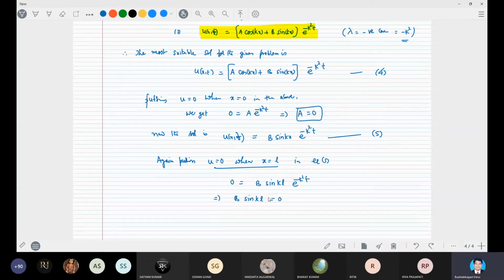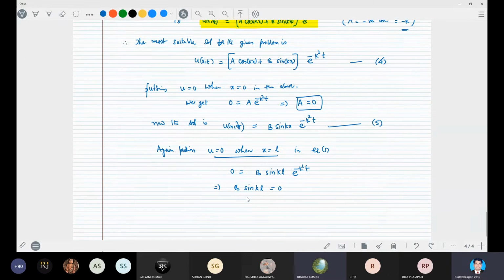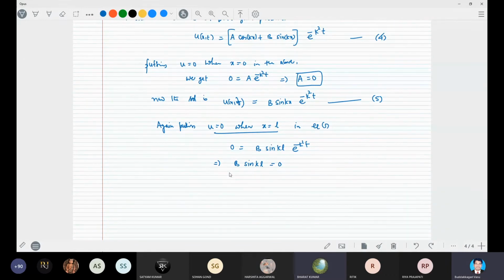Now tell me which will be 0 here? The sin function will be 0. Either sin kL is 0 or b is 0. If you take b is equal to 0, again you get the trivial solution. All of it is equal to 0 at any x comma t, right?